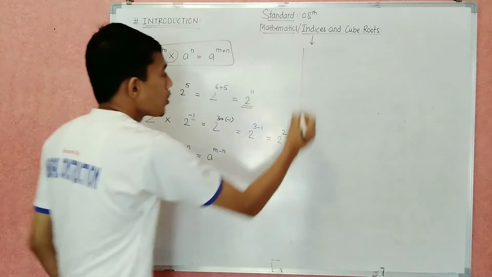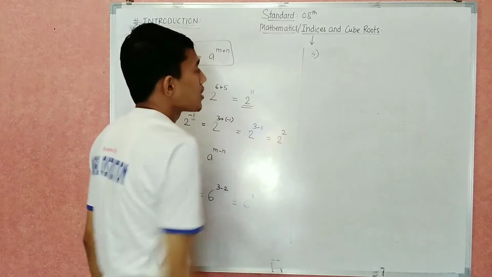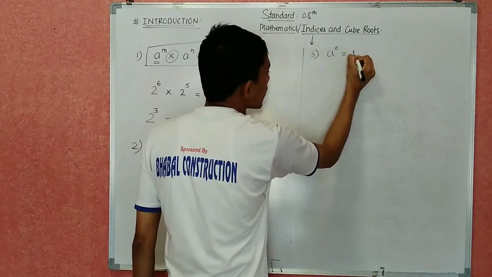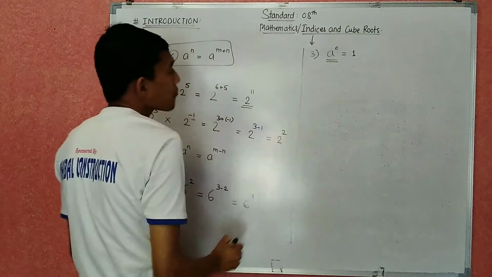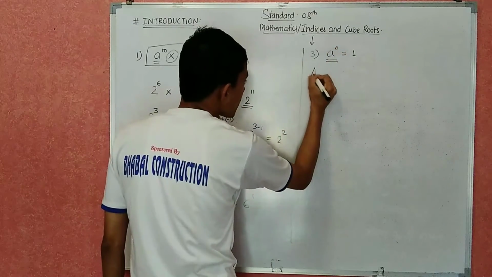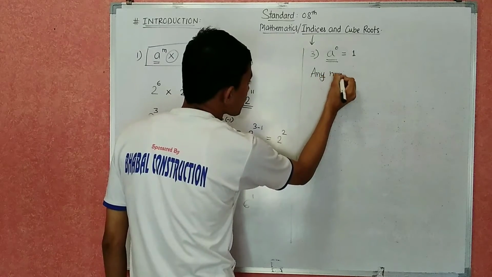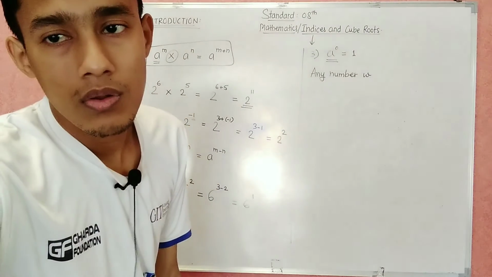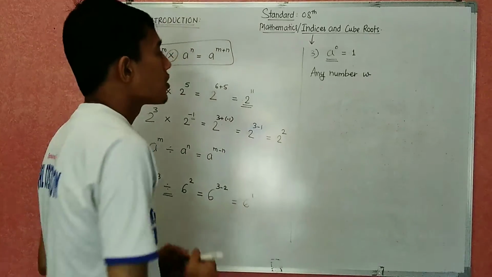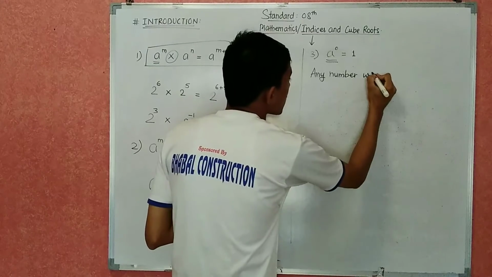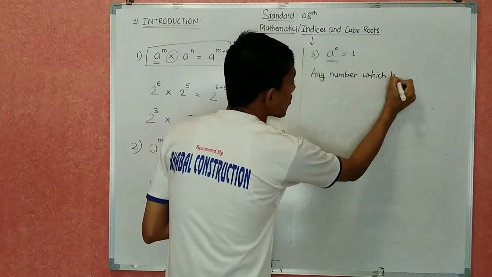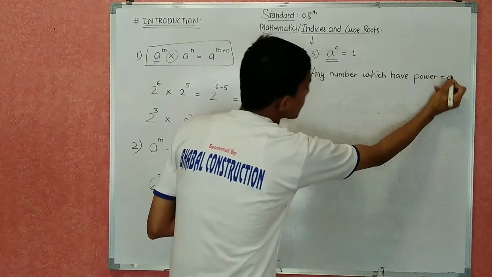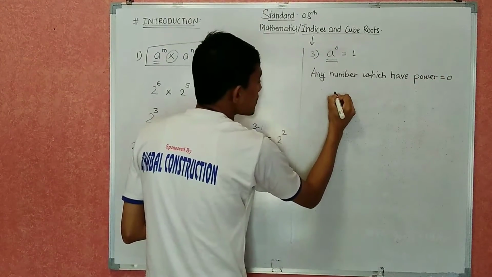Then law number 3, it is a raised to 0 is equal to 1. So any number which has power or index equal to 0, the answer is going to be equal to 1.